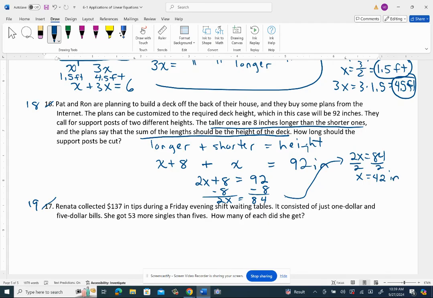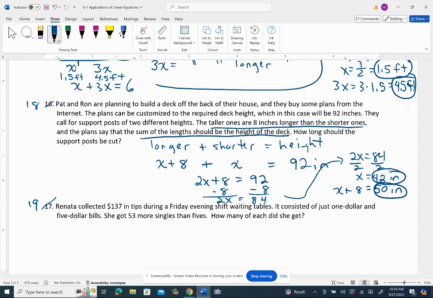Okay, and that would be the shorter post. And then the longer one would be 8 more than that. So I would just add 8 to that and get 50 inches. And then my check would be that those two added up do equal the 92 inches they're supposed to. So my answer would be 42 inches and 50 inches.